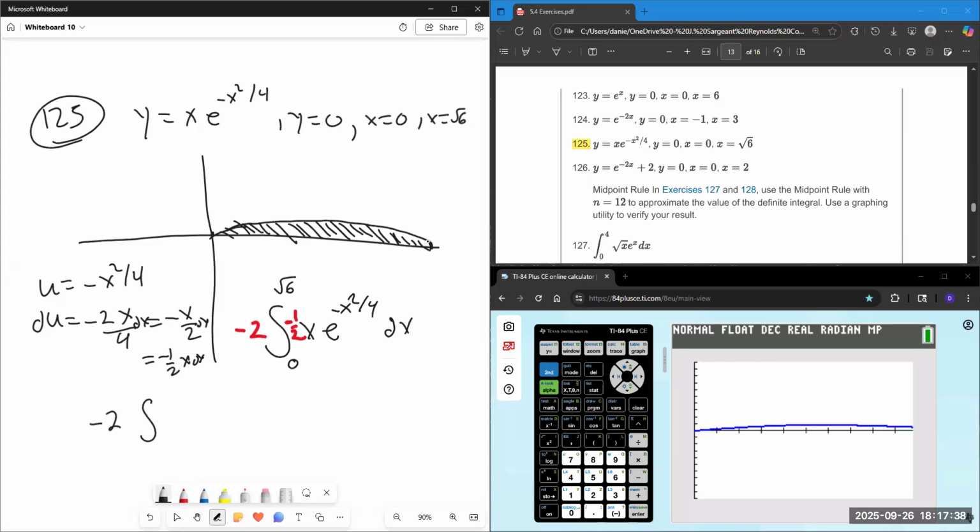integral of e to the u du, and when I stick 0 in, that's 0. When I stick root 6 in, that's negative 6 over 4, or negative 3/2. Those limits are backwards, so this is going to become 2 from negative 3/2 to 0 of e to the u du.